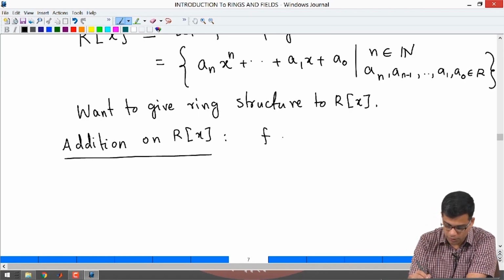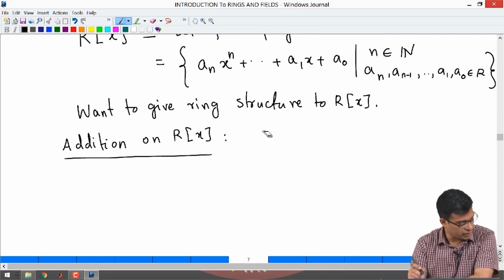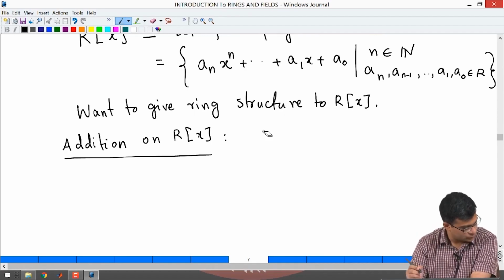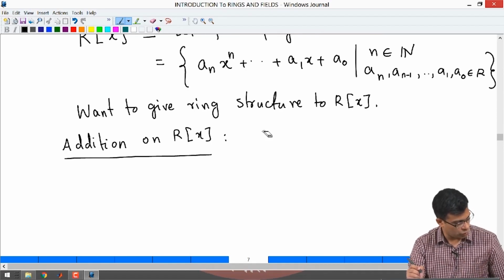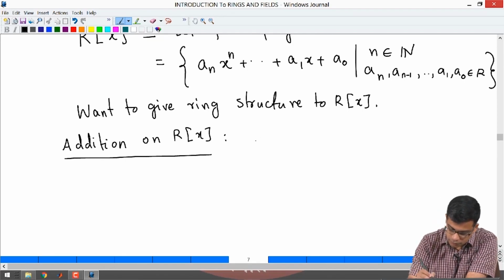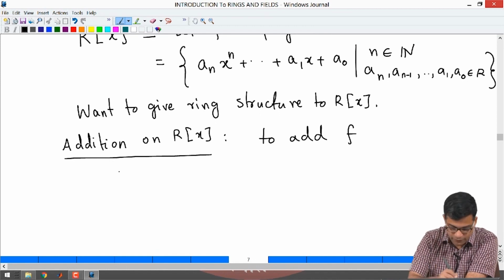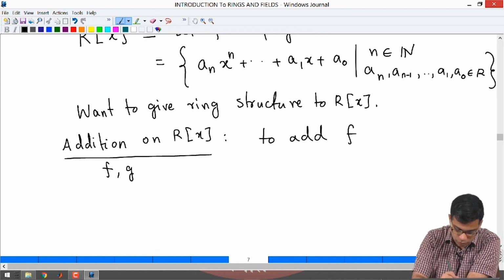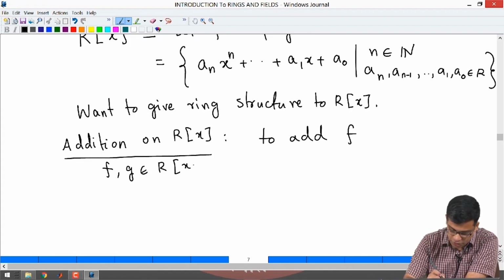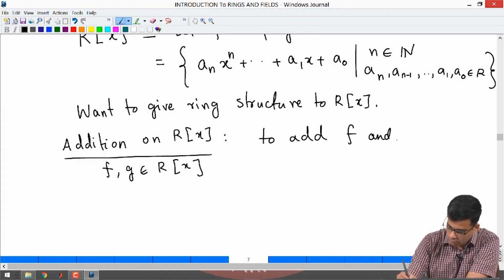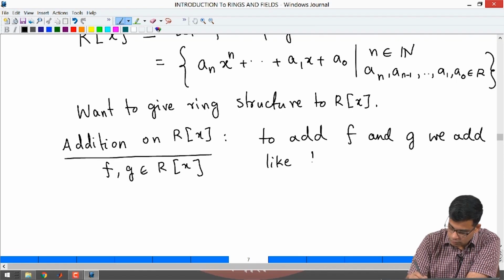So to add, let us say f and g are elements of the polynomial ring, in other words they are polynomials. To add f and g we add like terms.